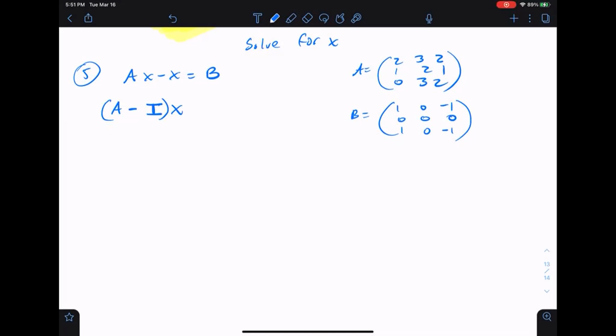So be careful when you're doing this computation, right? Because I factor it out to the left, I have to do the same thing on the right side of the equation.